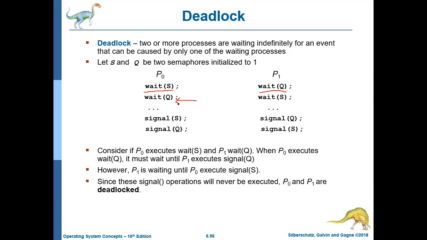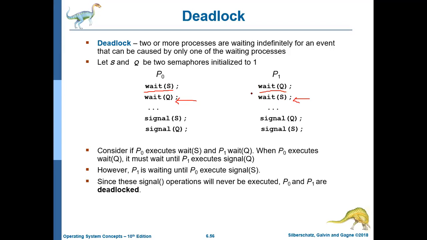Wait Q. If the value of Q is less than or equal to 0, then you have to wait. Obviously, it will be stuck in the while loop. Here, wait S. As the value of S is now 0, it will also be stuck.